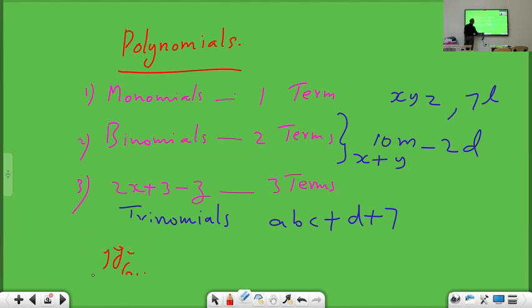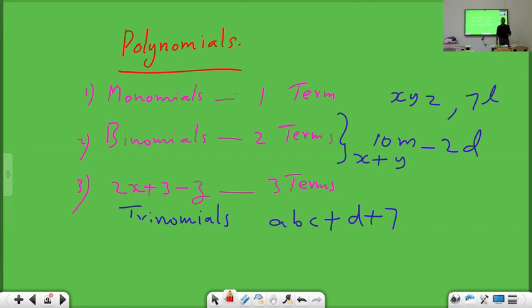Listen. I am talking about polynomials. So understand. These all are polynomials. Monomial, binomial, trinomial, everything are called polynomials. Don't confuse.